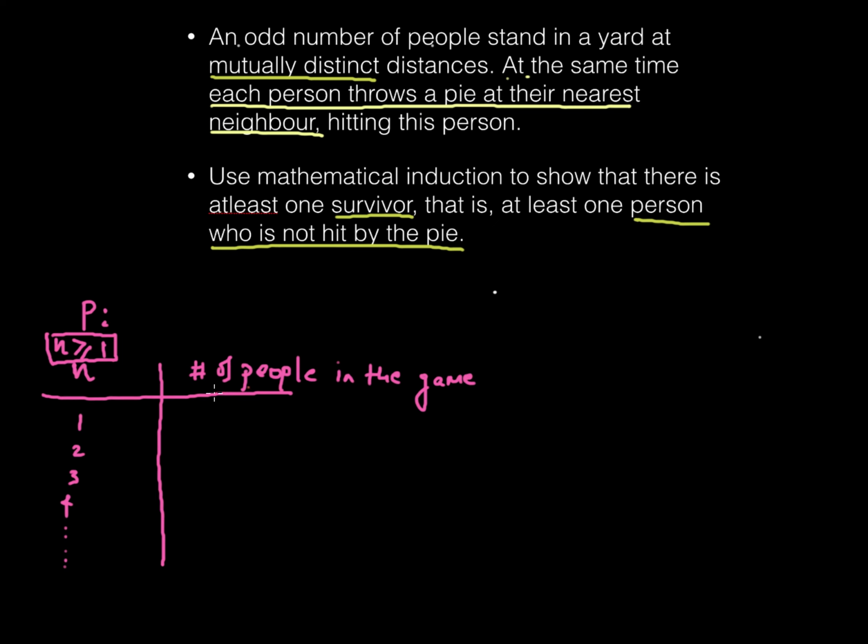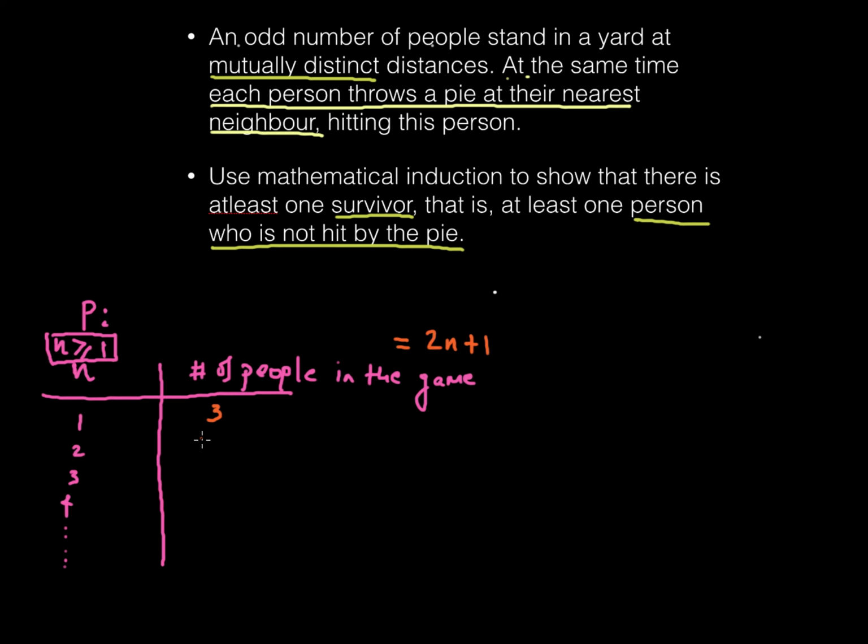Now, for every value that n takes on, what is the connection that I can use to connect n with the number of people in the game? If I use a formula where the number of people in the game is equal to 2n plus 1, then when I plug in n equals 1 into this expression, I get back the value 3.